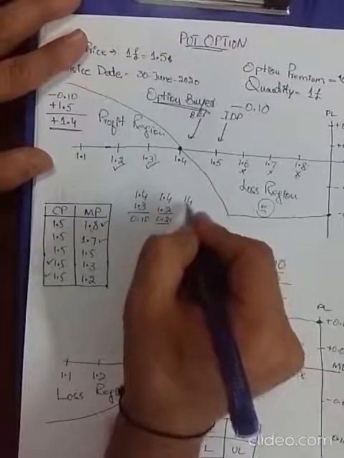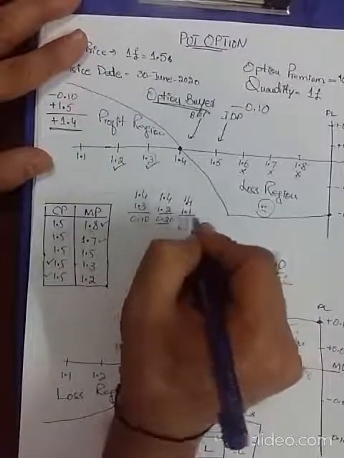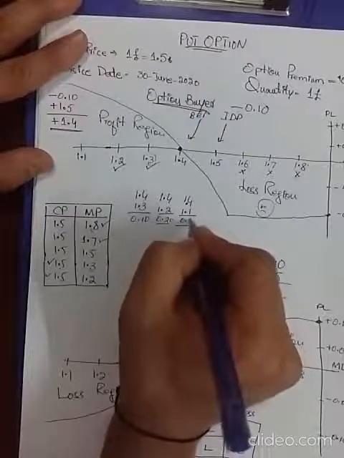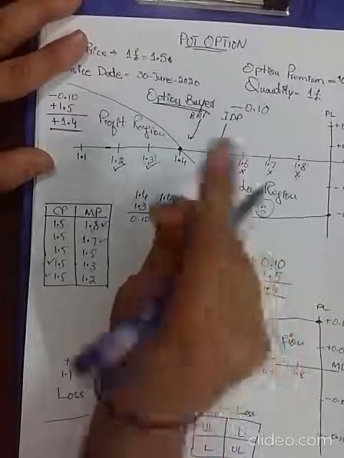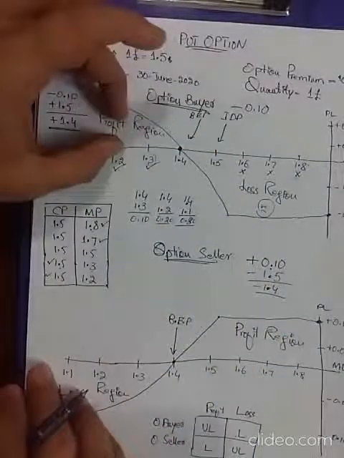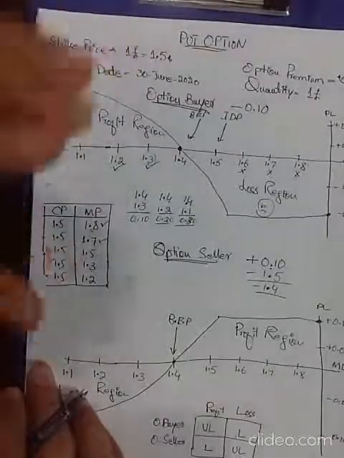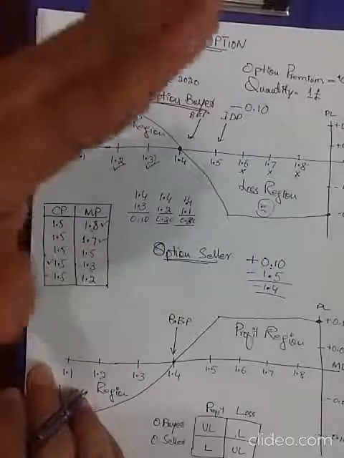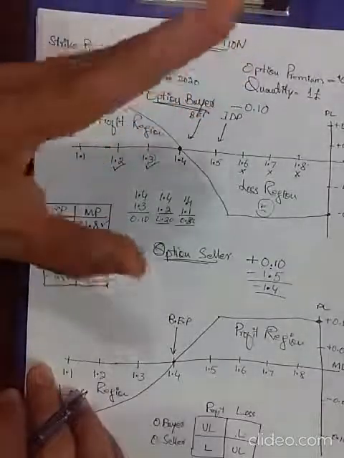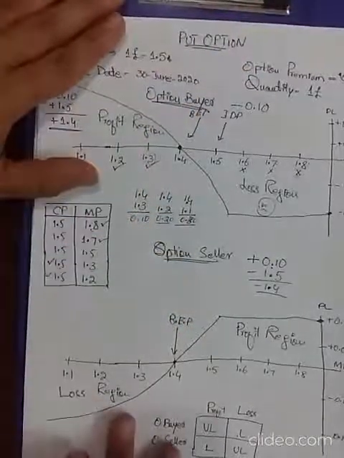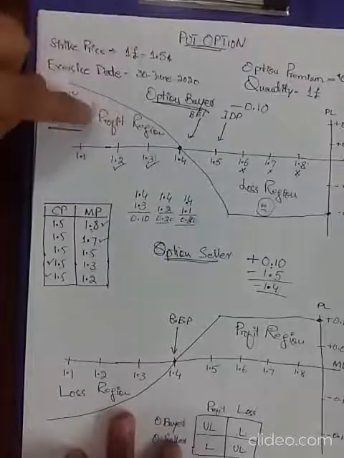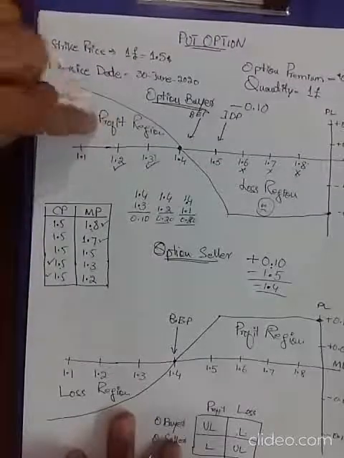If it's 1.4 and the market is 1.1, then this difference increases even more. So the profit side of the buyer is unlimited, and this difference is like a crocodile mouth. It keeps on opening the more there is a difference between the contract and market price, which means that the profit of the buyer is unlimited.